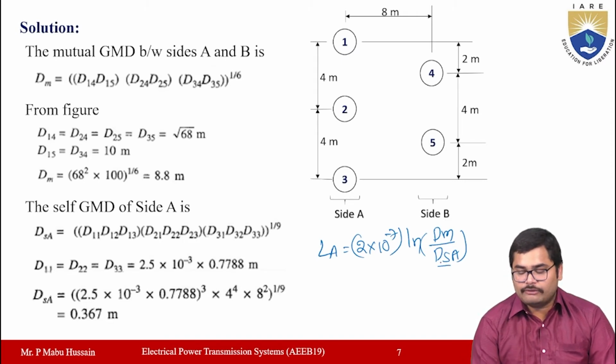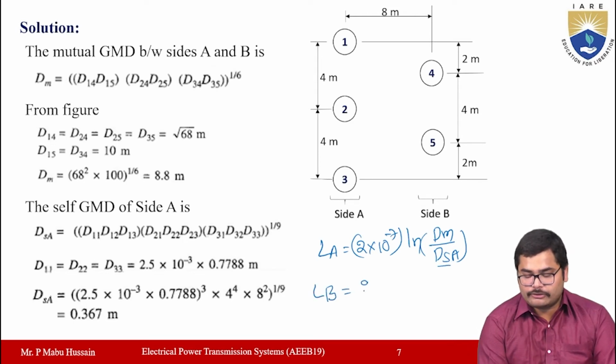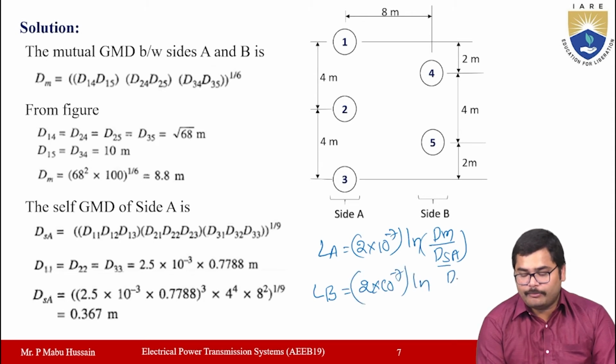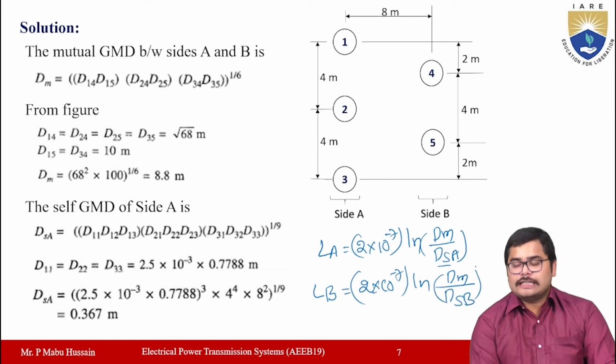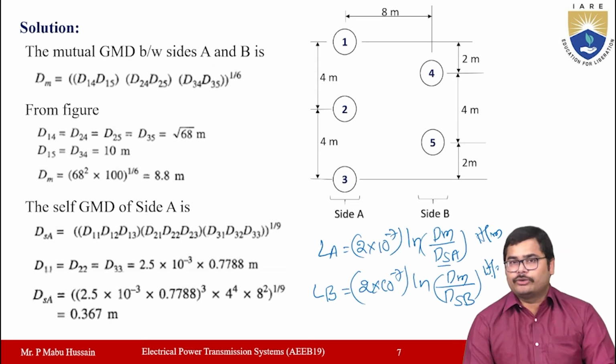So the self GMD of side A will be Dsa. While calculating the inductance of side B, the value will be 2 into 10 to the power of minus 7 ln Dm by Dsb. You have to take this. Both the values are in Henrys per meter.